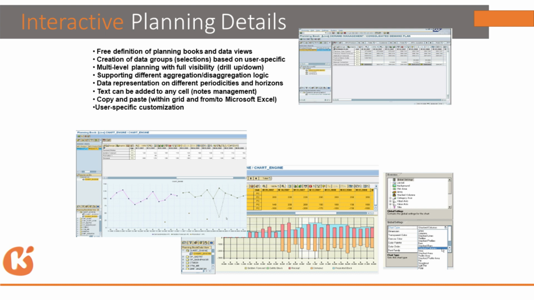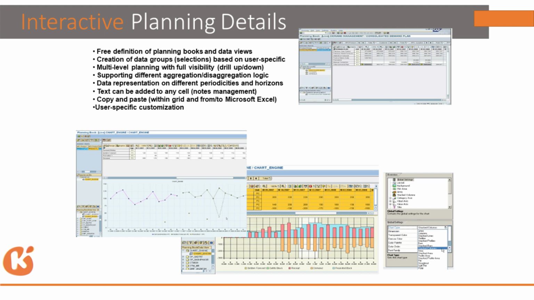Okay. So the first point is the interactive planning screen. This is a key success and the beauty of the APO planning tool. You can see everything on one screen. You can see a table, or a graph, or the table and graph together. In graphs, you can see pie charts or bars, whatever you want.